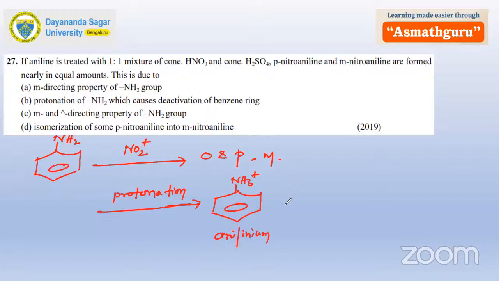Once it becomes the anilinium ion, you get meta, because NH3 plus is a deactivating group. So in nitration, you get ortho, para and meta. Look for the words protonation and anilinium ion. It is in the second option.